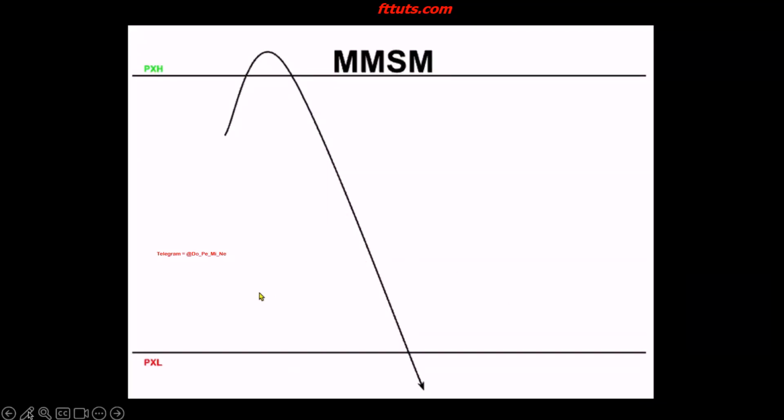We're going to take a look at rather simple schematics. We're going to focus on PXH and PX low, X being a variable that can be replaced by whatever time window we're interested in. So if we're swing traders, we're going to focus on higher time windows, of course.